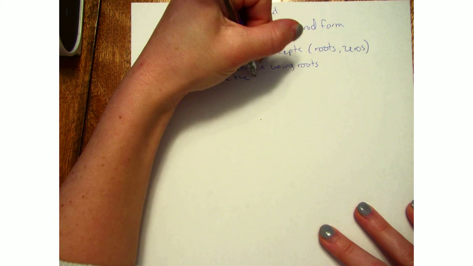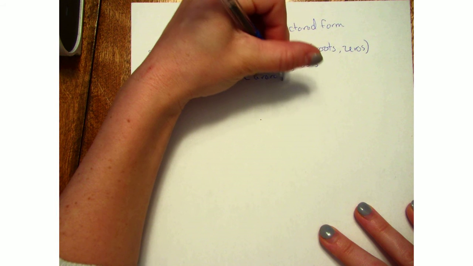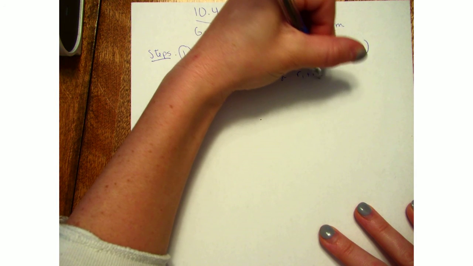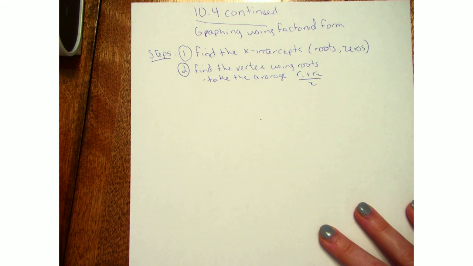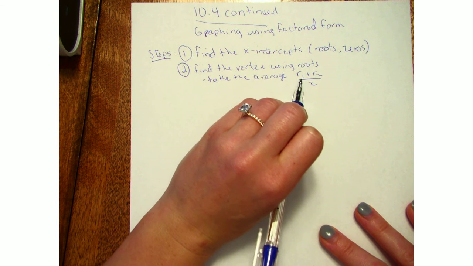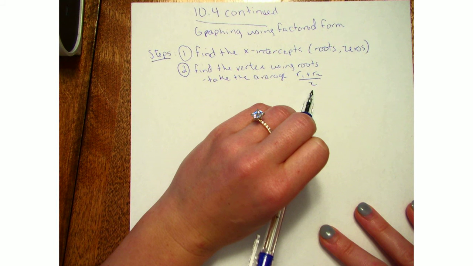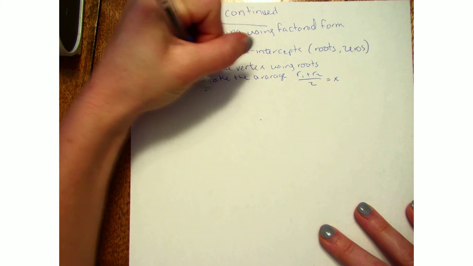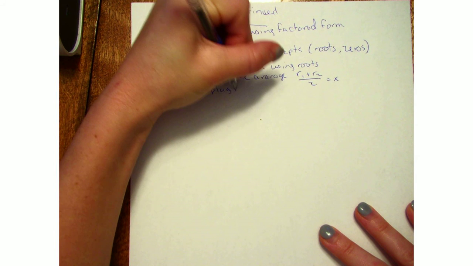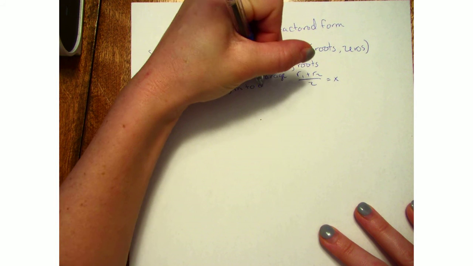And we're going to take the average. So R1 plus R2 over 2. So we're going to take whatever root 1 was, whatever root 2 was, divided by 2. That's the average. And that's our x.